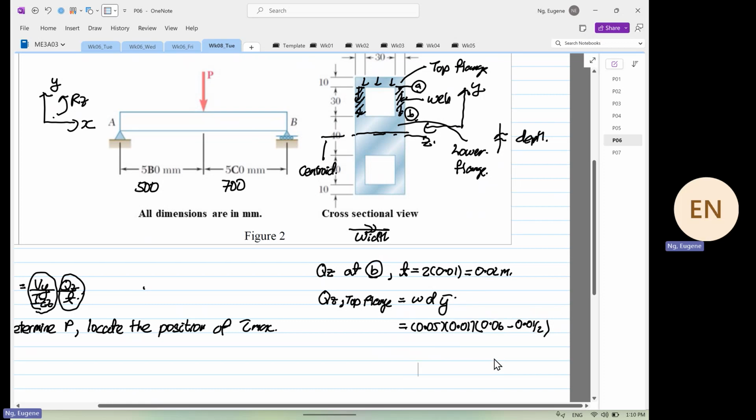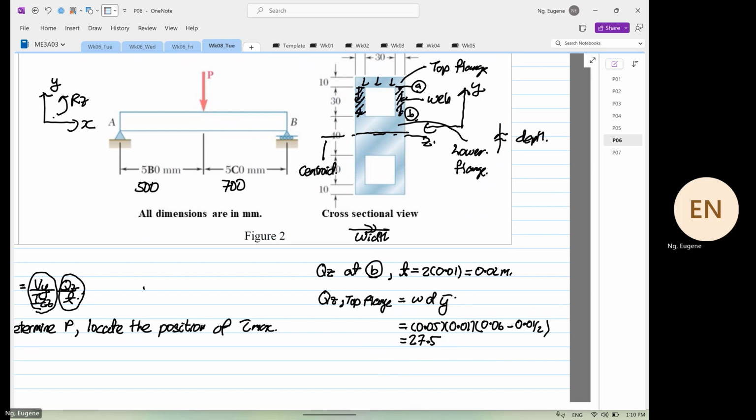Turn on your calculator first. 0.06 minus 0.01 divided by 2 times 0.01 times 0.05 is equal to 27.5 times 10 to the power minus 6 meter cube. Let me do it again, okay? So the depth is 0.06 minus 0.01 divided by 2 times 0.01 times 0.05.